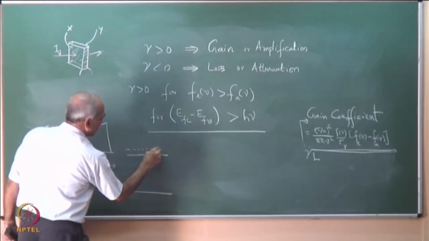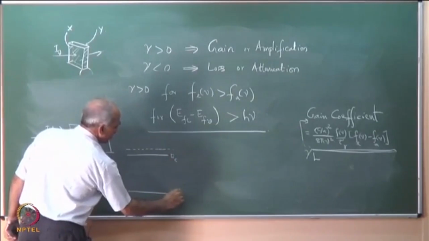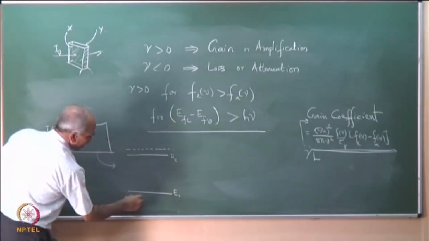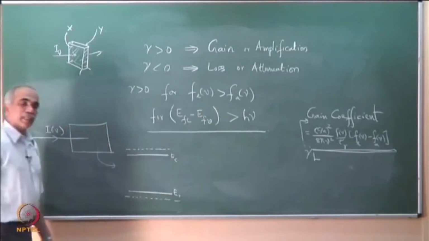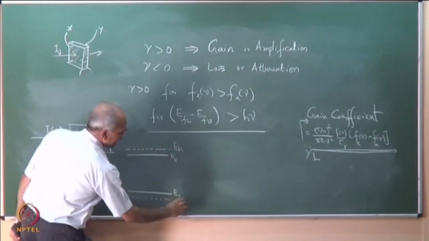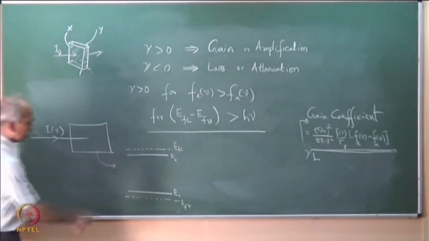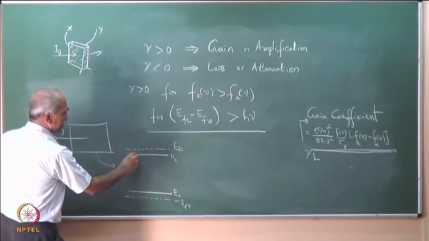Now, this is E c, this is E v, and assume that in this semiconductor we have maintained E f c here and E f v here. So, this is the valence band, conduction band, and this is the E g.